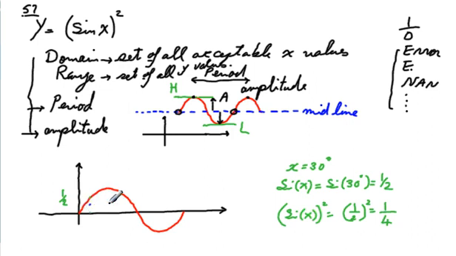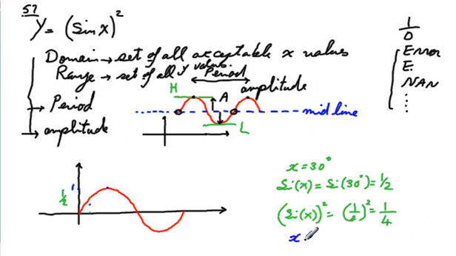Let's go to the other extreme. Suppose I come to this very high point. What's the height of this? Sine of x at its maximum, the height is 1. So if I square 1, what do I get?